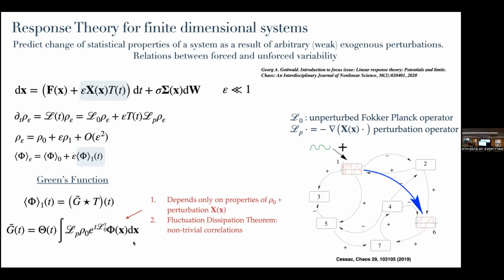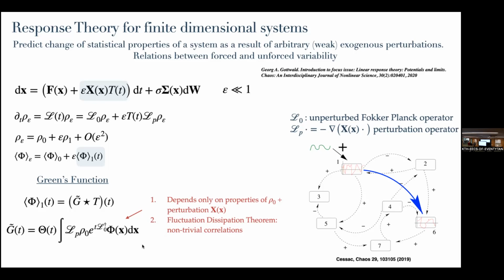I don't want to get into the details of this, but the Green's function basically depends only on the properties of the unperturbed system. And this is why the linear response is useful, because from the unperturbed system, you can find properties of the perturbed one. And of course, it depends on the details of the state-dependent perturbation that you've applied.